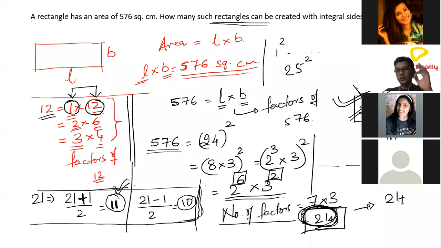If you do not want to create this square, will you be using 24? You will not be using 24, which means out of these 21 factors that you have, you will not be using one of the factors, which is 24. So if you are not using one of the factors, you will subtract 1 and divide by 2.